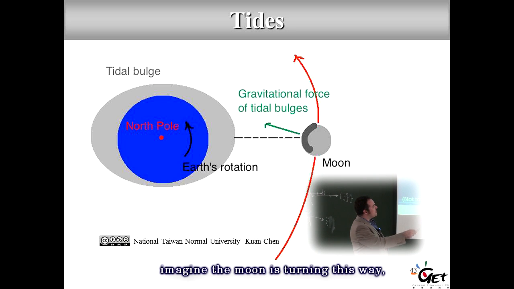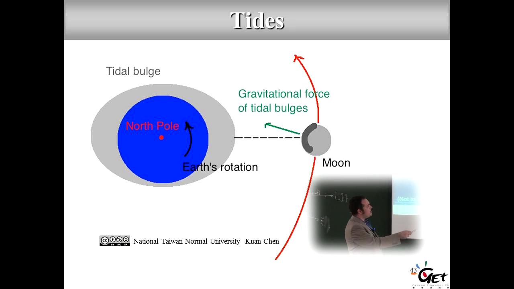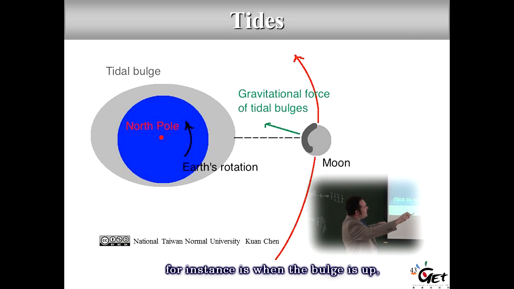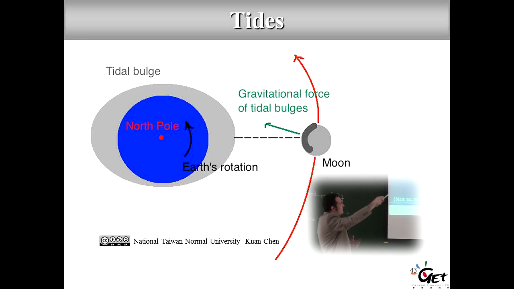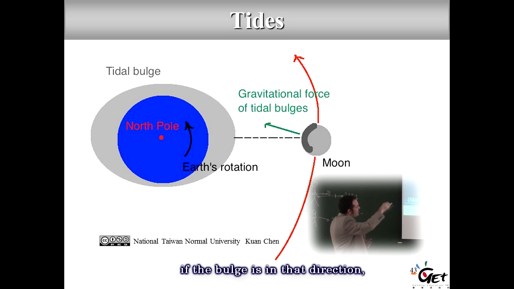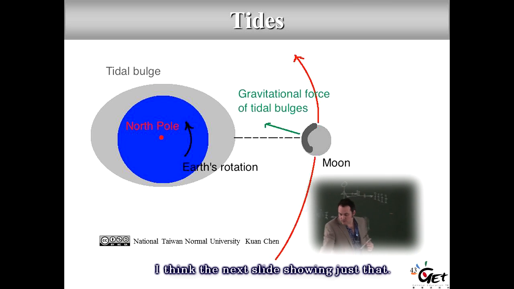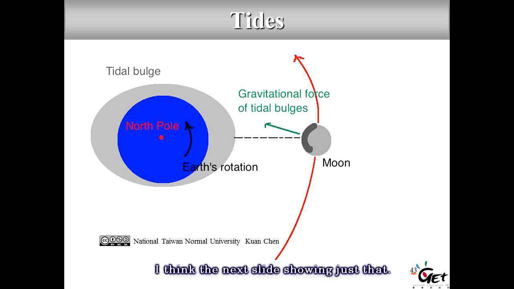Imagine the moon is turning in this direction. If it's turning this way, then when the bulge is up, it has a tendency to accelerate. And the other way around, if the bulge is in that direction, it has a tendency to decelerate the rotation of the moon on its axis. I think the next slide is showing exactly that.